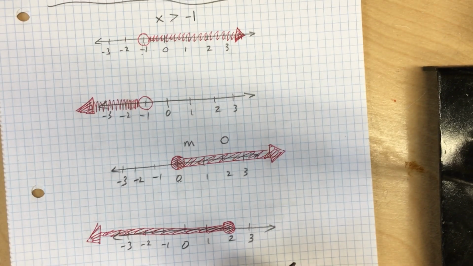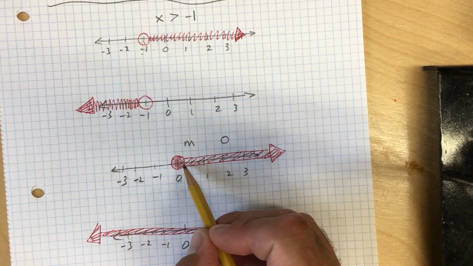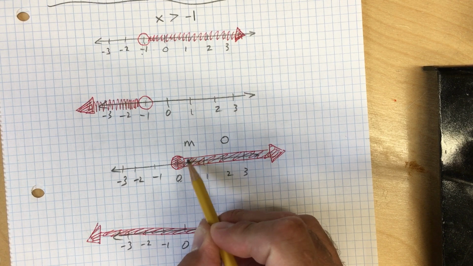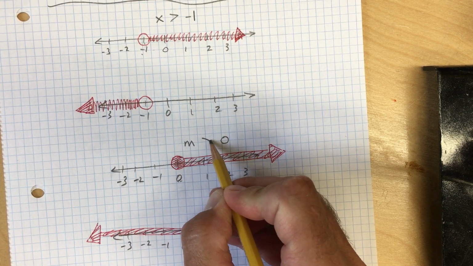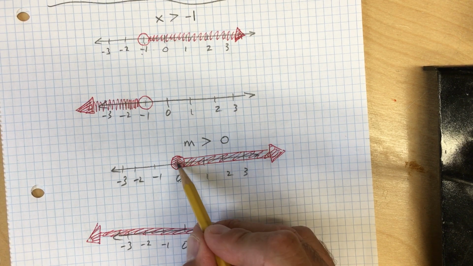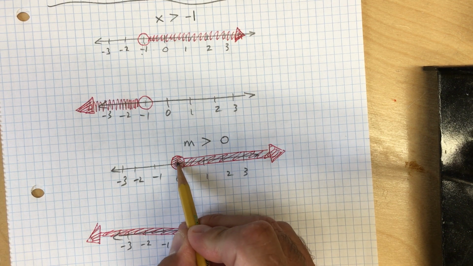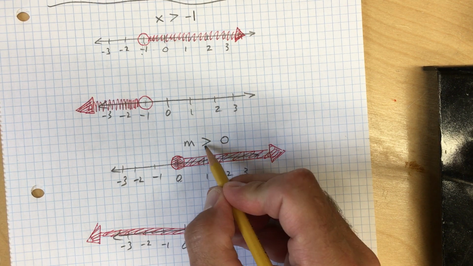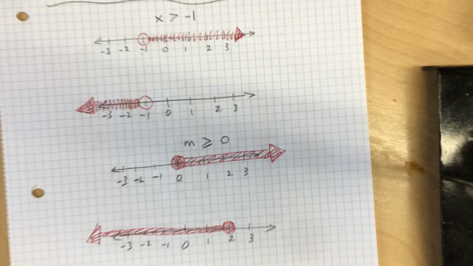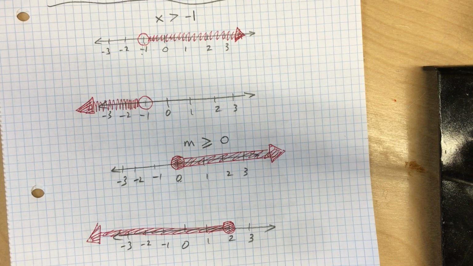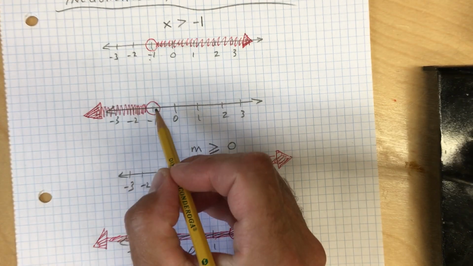And so now we have to do an inequality. This arrow covers all the numbers that are bigger than 0. So 1, 2, 3, and so forth. But because it's filled in, it also includes the 0. So there's an equal sign. Okay? Now let's look at this one.